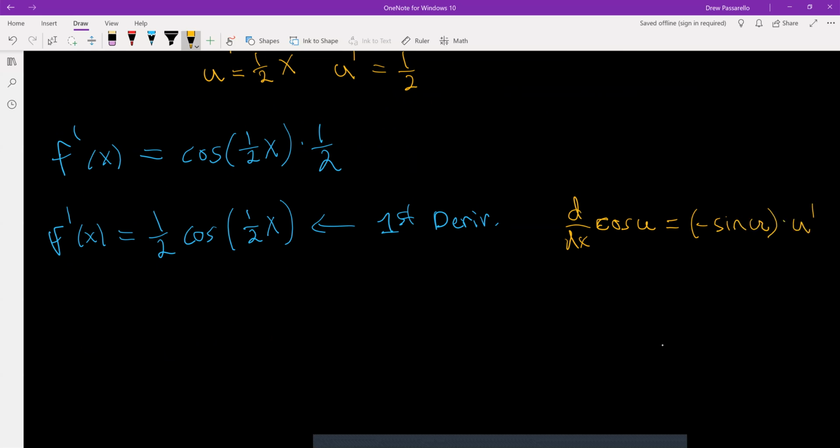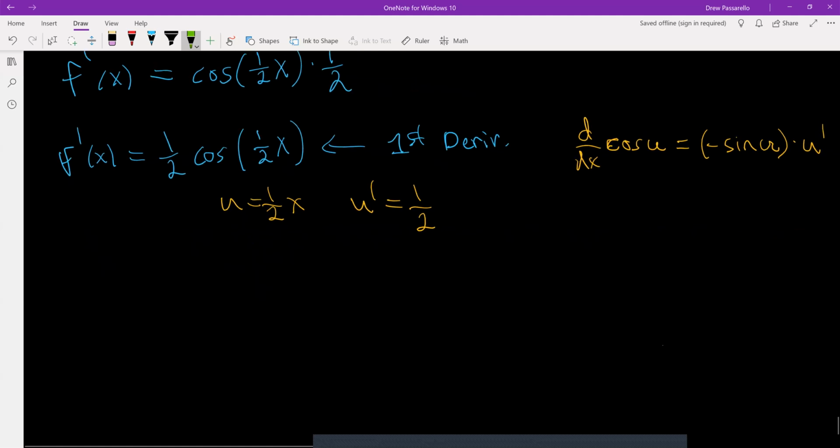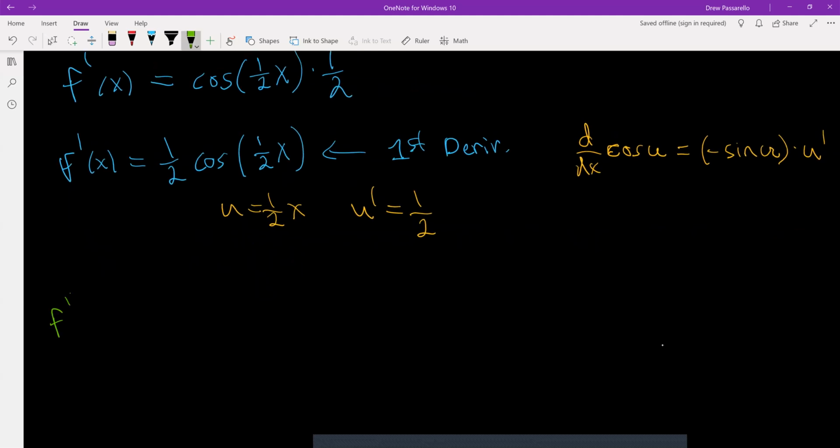U is 1/2 x again, so u prime is going to be 1/2. Because of the 1/2 from the beginning, for f double prime of x I'll factor out the 1/2 that's already there, and then focus on the derivative of the cosine 1/2 x part.